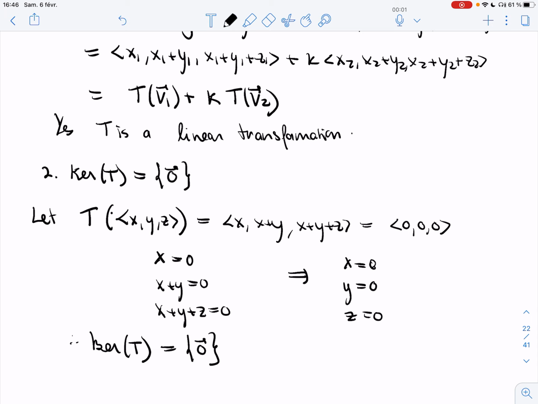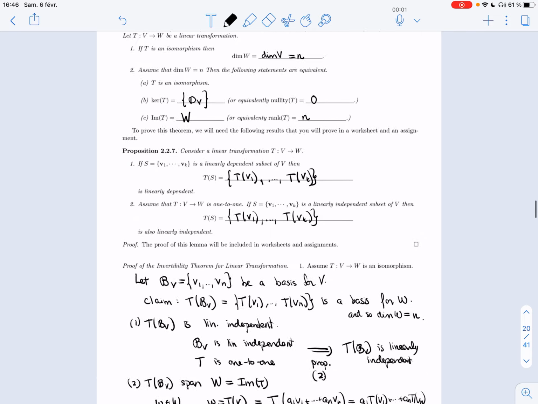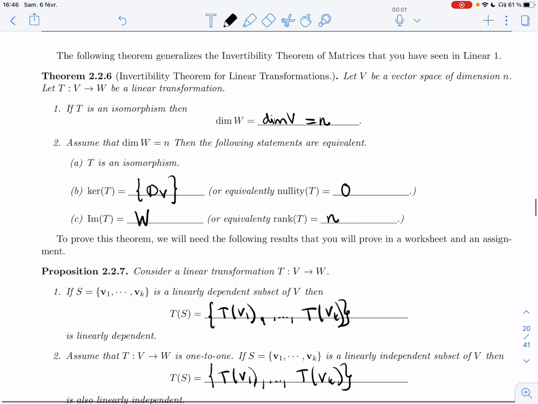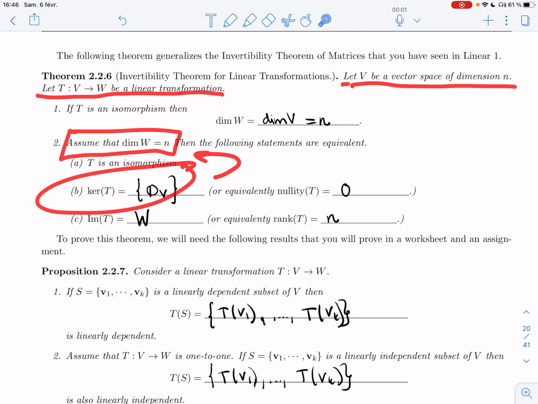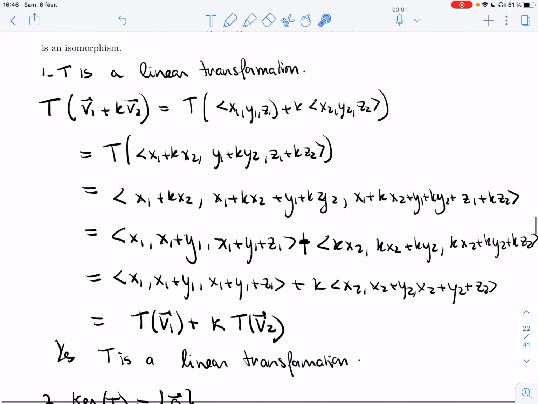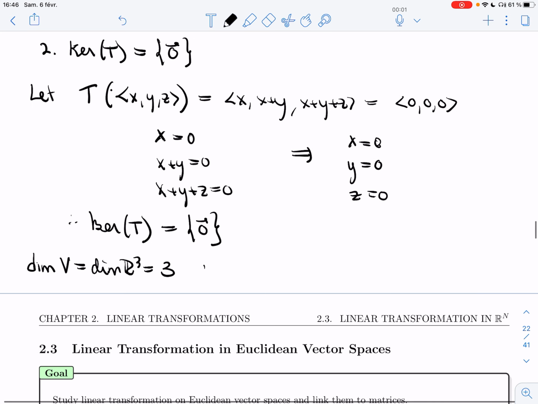All right, let's look back at the theorem to see if we're done. Hopefully we're done because we don't have much room. Done by lack of space. All right, so I have a linear transformation, I need to check that the dimension of W is the same as the dimension of V, and then this is enough, it's equivalent. So dimension of V equals dimension of R3, so that's 3, and dimension of W is the dimension of R3 as well.